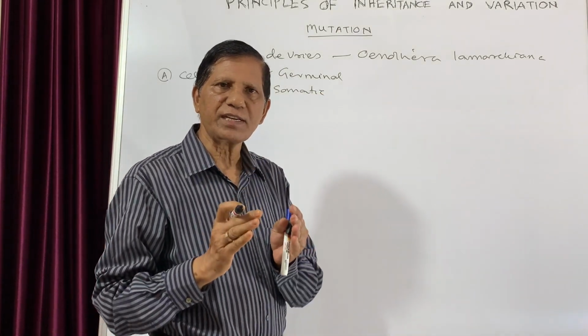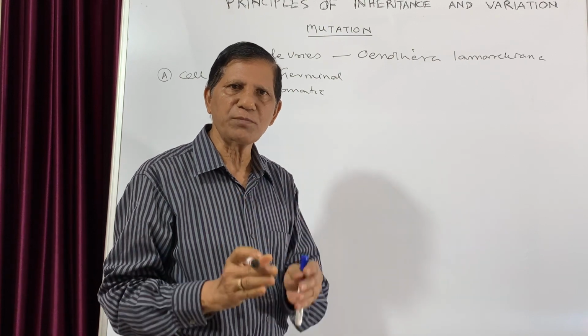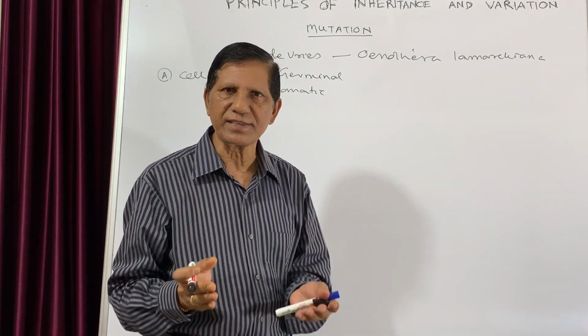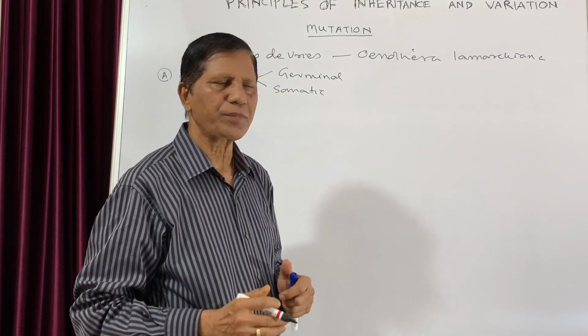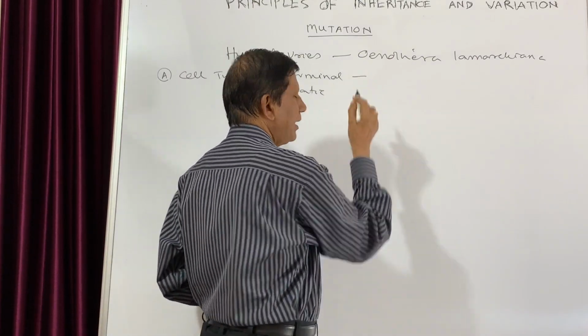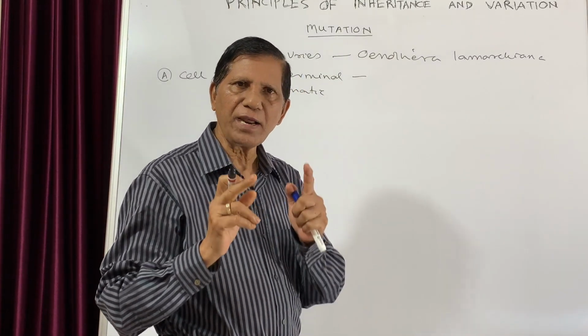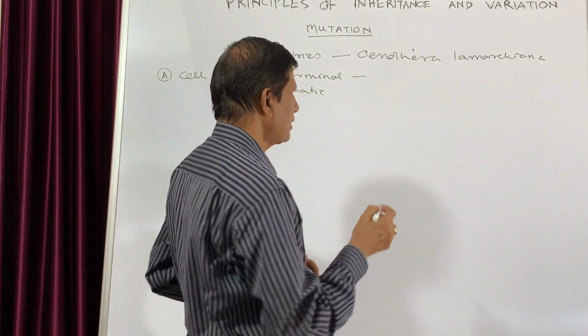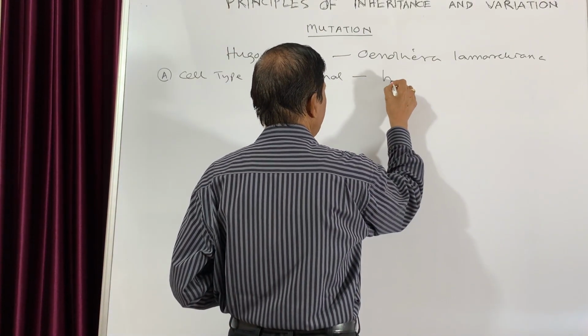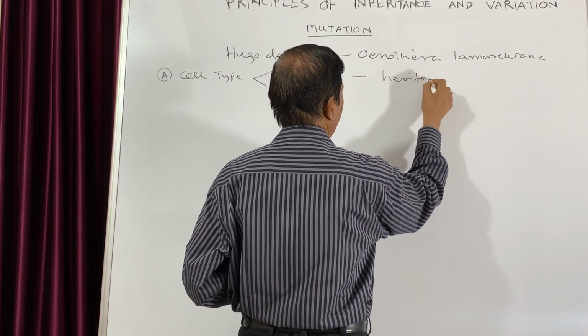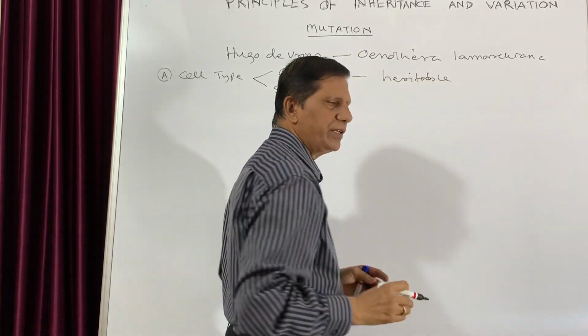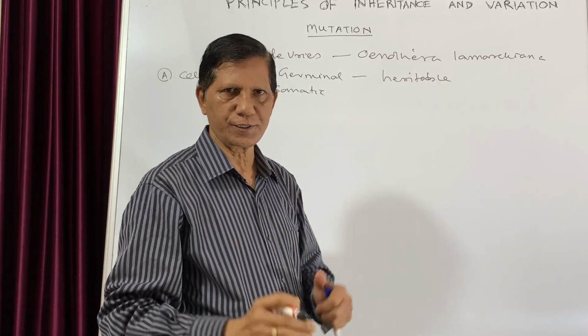When the mutation takes place in the reproductive cells, in the germ cells during production of eggs and ova. So that is known as germinal. That means when there is germinal mutation, it is heritable from the parents to the offsprings.